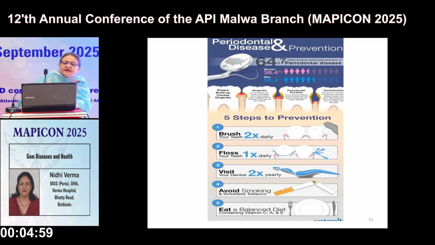To prevent periodontal disease, brush your teeth twice a day in the right way, floss once daily, visit your dentist every 6 months, avoid smoking and smokeless tobacco, and eat a balanced diet containing vitamins C, E, and A.